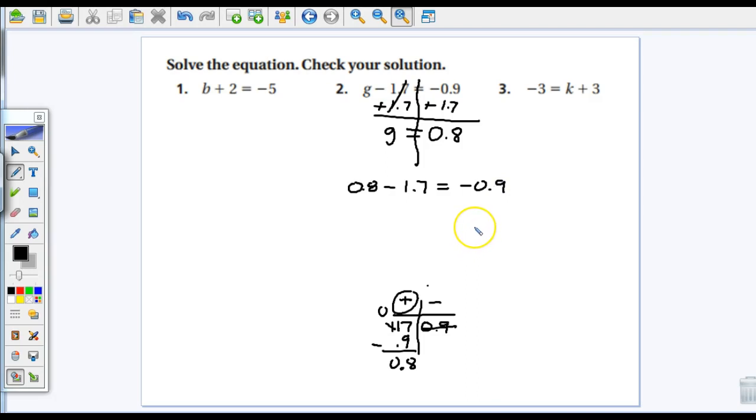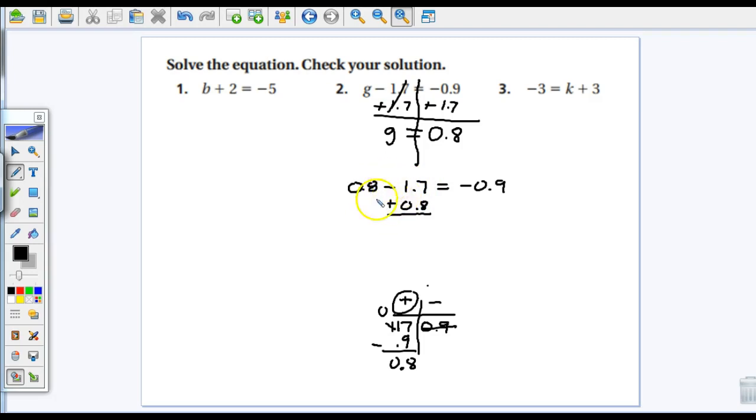Let's find out. So what I'm actually doing is adding, right, 0.8 to a negative 1.7, and is that going to equal negative 0.9?